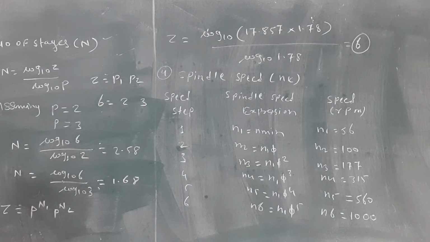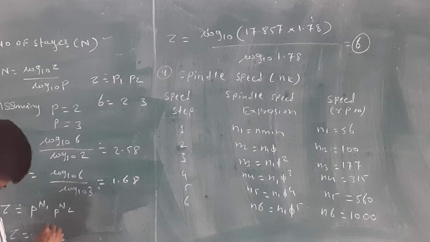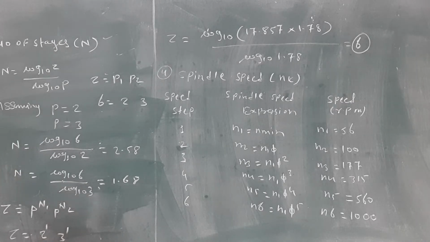Then I will put here z is equal to 2, 3. What is the value of n1 and n2? If you want to satisfy the value of z, then n1 is equal to 1 and n2 is equal to 1. How? If you had written 2 here, then check that 2 raised to 2 is 4, into 3 is 12. This condition is not satisfied.